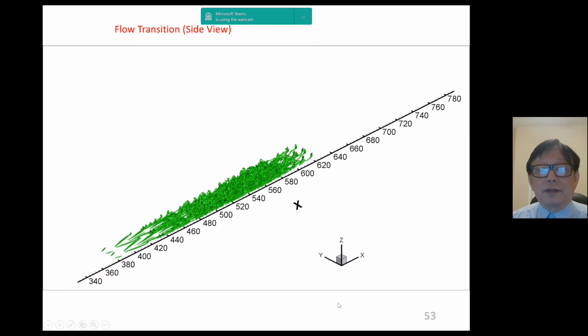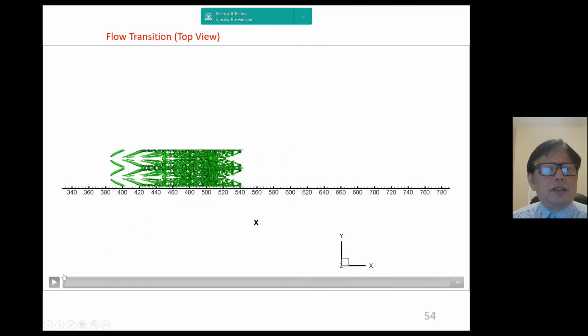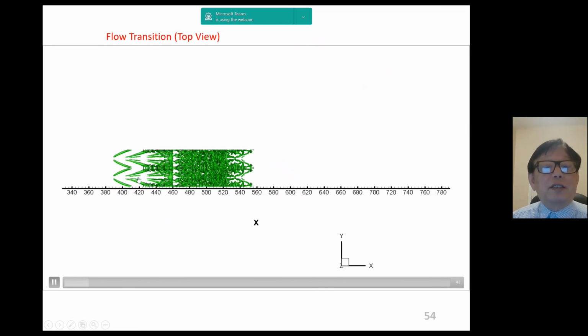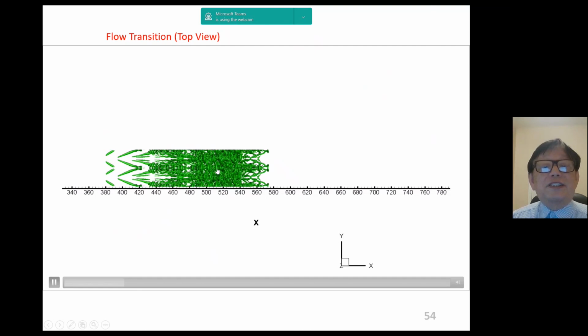Let me see the next. This is from the other angle, from the top. We can see the lambda vortex, hairpin vortex with ring generation, lose the symmetry, become chaotic, the vortex breakdown.